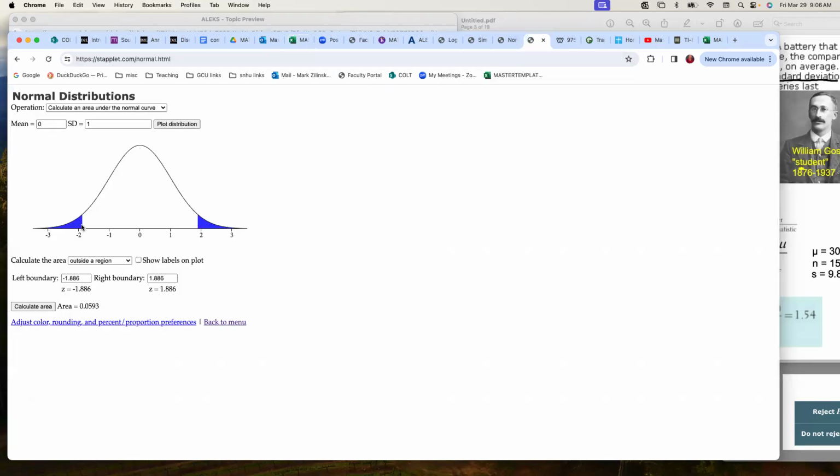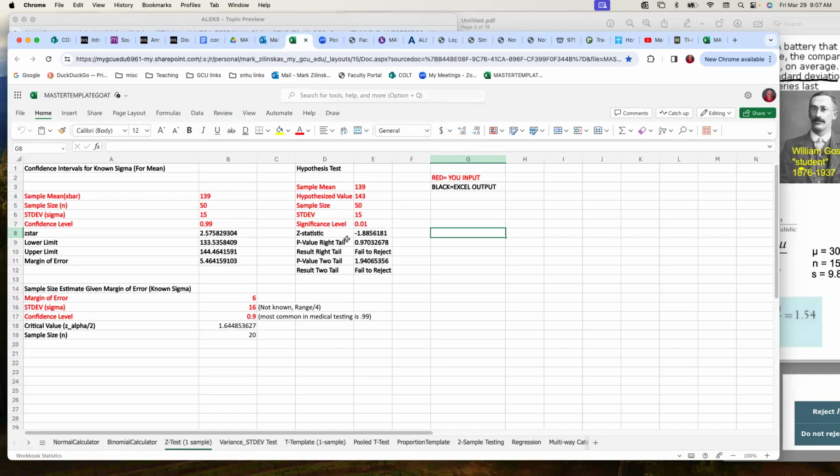So that would be from here all the way over, including all this stuff here. Okay. So you would have to take this area, that's the 0.97, subtract it from 1 to get this value, and then multiply it by 2. And that would ultimately give you the p-value. Okay, so your master sheet is giving you the p-value or the z statistic.